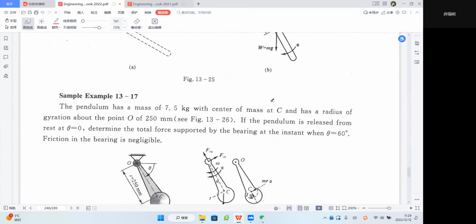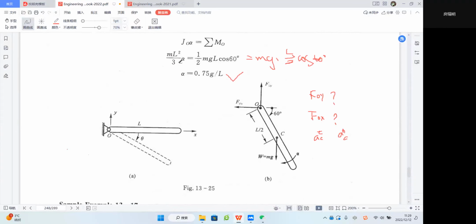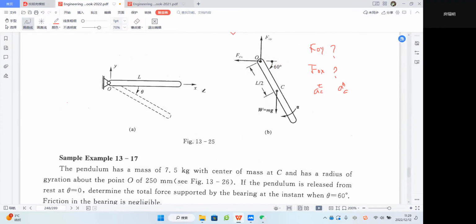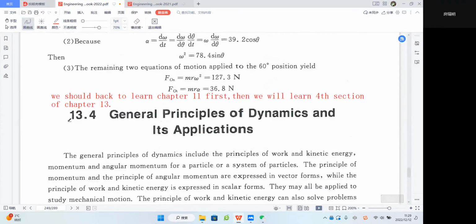And I think the final part of the chapter, section 4, the general principle, is more complex. Maybe we don't have time to learn this.